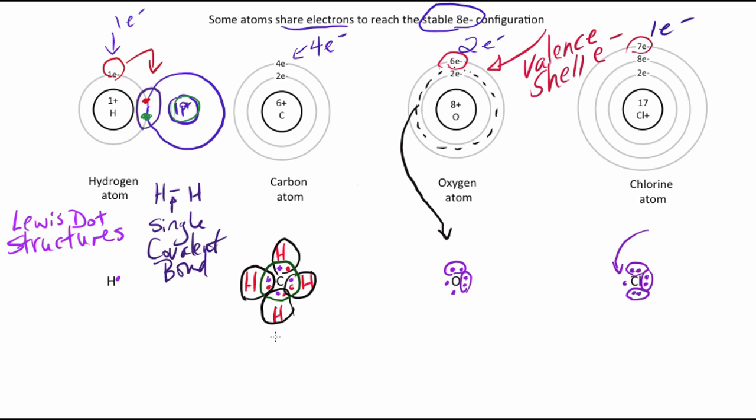So I could draw the proper Lewis structure for this. Takes those shared pairs of electrons and draws them like so, where this line, again, is a single covalent bond. And the molecular formula for this is CH4. That happens to be methane.